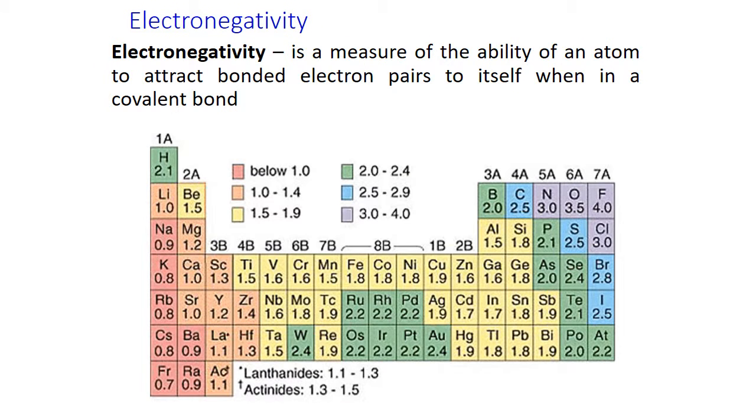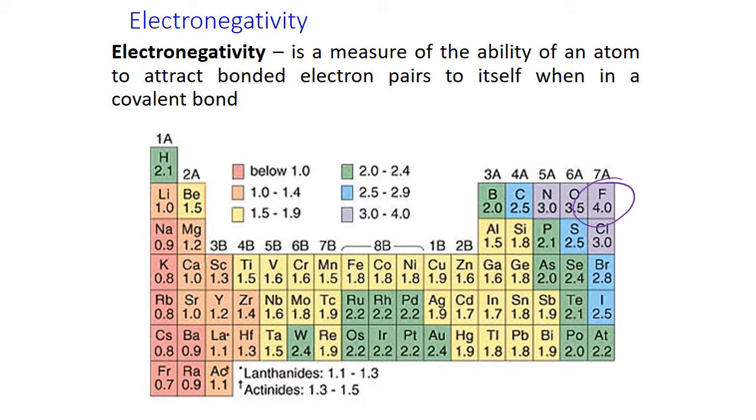And that's also based on electronegativity. I'm also going to provide a short video which will hopefully assist with it, but essentially electronegativity is the ability of an atom to attract a bonded electron pair to itself when in a covalent bond. Fluorine over here is a very small, tight atom. The electrons are tightly bound to it, or attracted to the nucleus, because there are lots of protons.